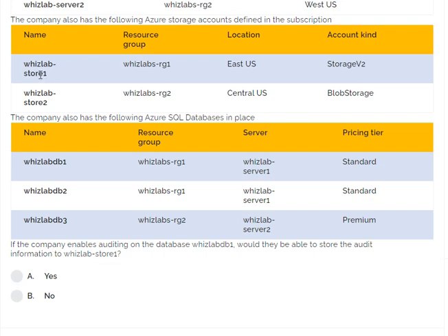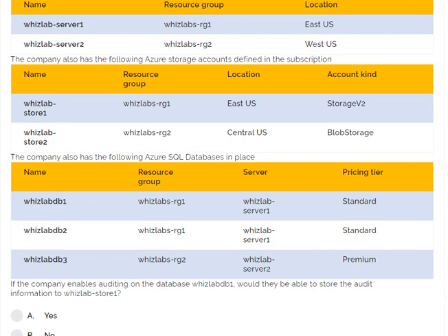Store one is in East US, and db1 is on server 1, which is in East US, so the answer will be yes. Why? Because db1 is in the location of East US, and store one is also in East US.